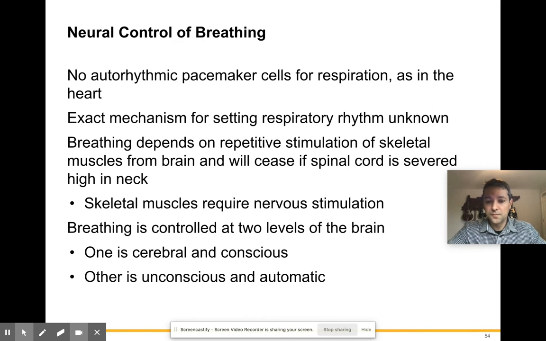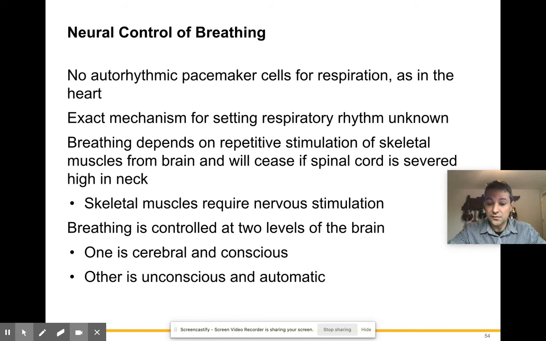And if you sever the spinal cord high enough in your neck, that will cease the brain being able to give those electrical impulses to the muscles that deal with breathing. So if you sever your spinal cord, you can stop your breathing, and eventually you'll die of suffocation. Skeletal muscles all require nervous stimulation. So if you cut the spinal cord, you're stopping that nervous stimulation from getting from the brain to the actual muscle.